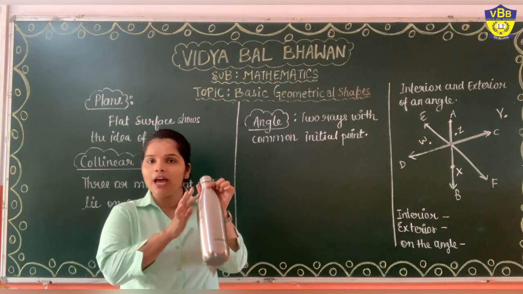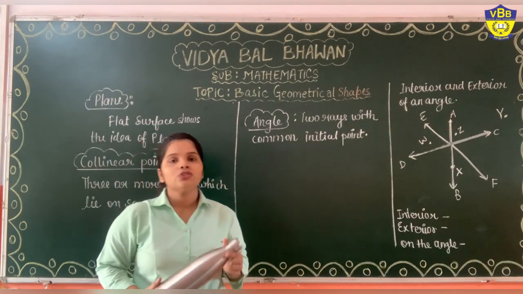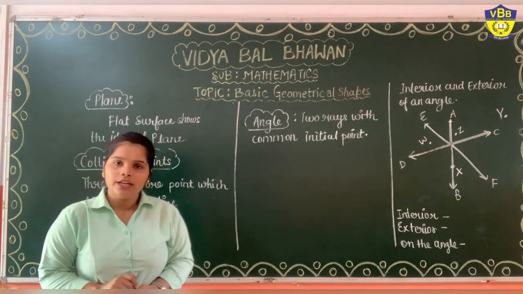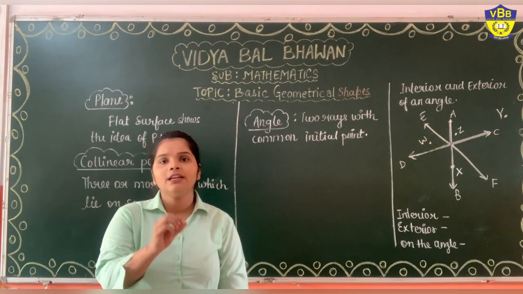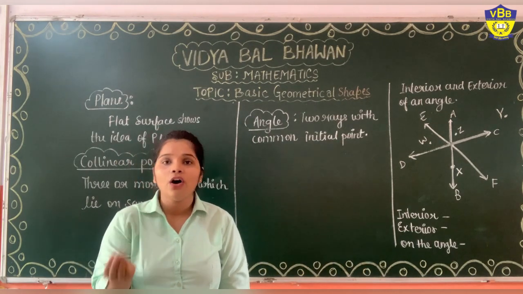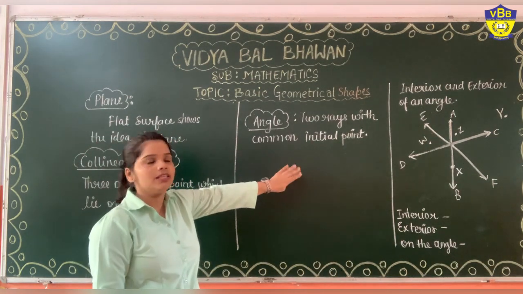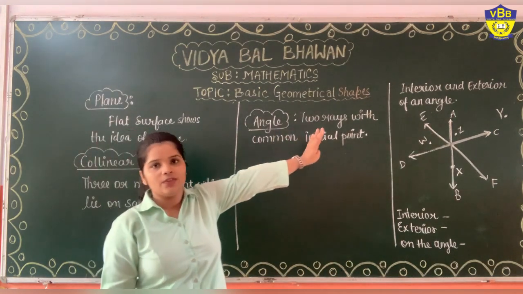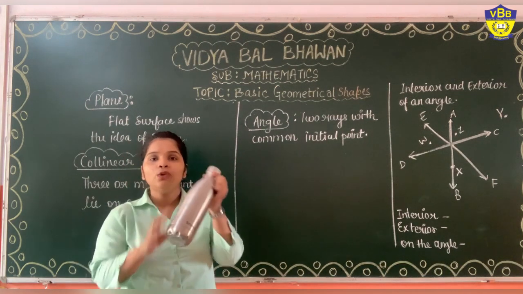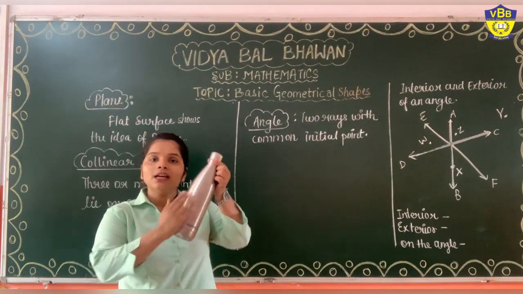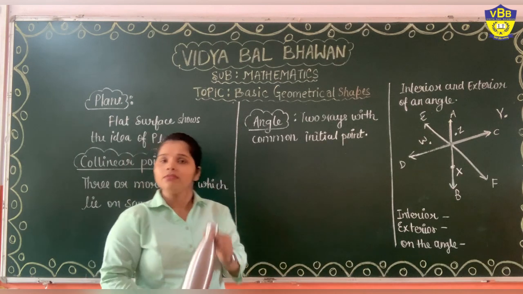It also has its surface. So all these solid objects have either a flat surface or a curved surface. Like this green board has a flat surface and this water bottle has a curved surface.